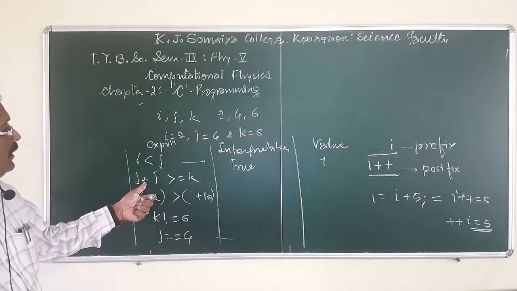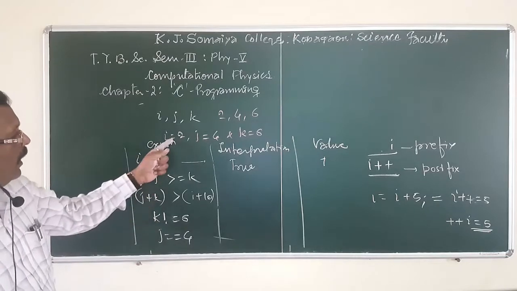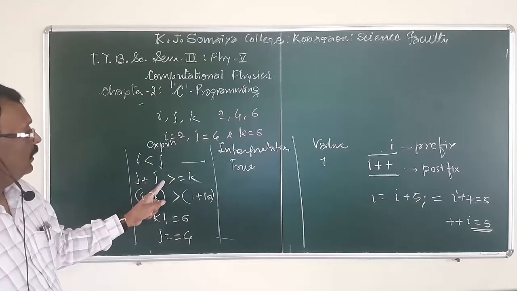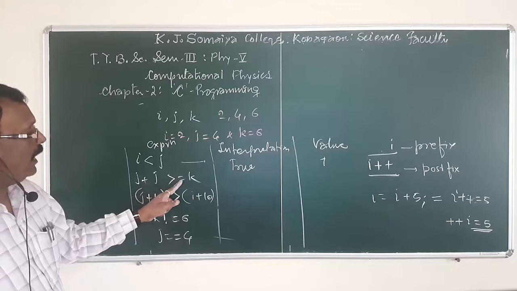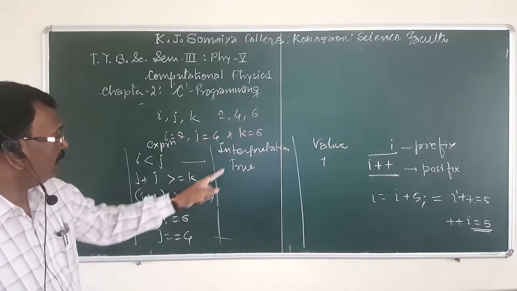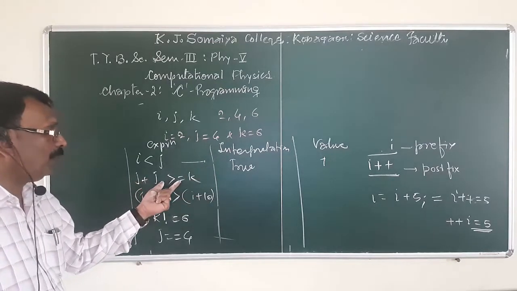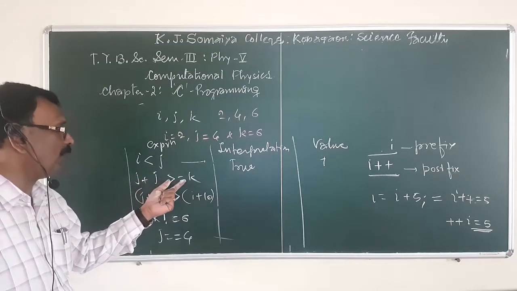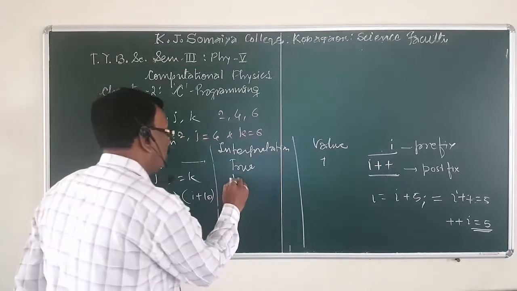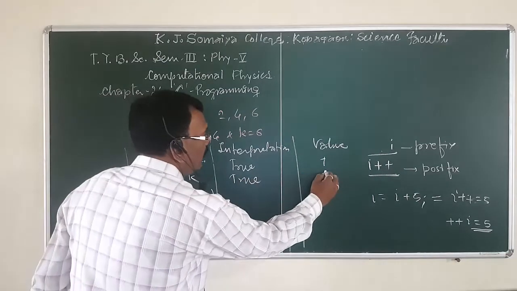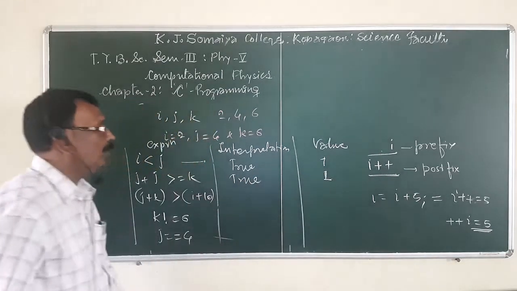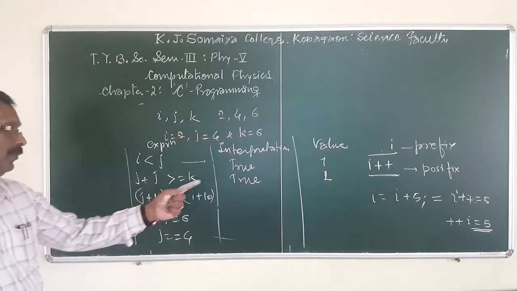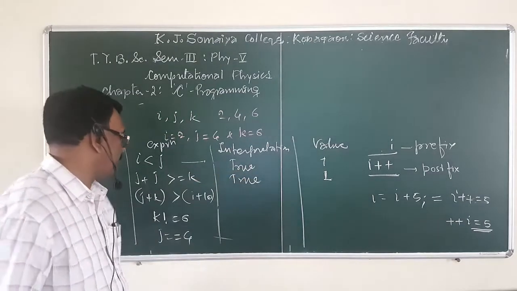Then i plus j, that is 6, is greater than or equal to k. 6 is greater than or equal to 6. Yes, true. Then we assign the value 1 for that, or we evaluate the expression as 1.